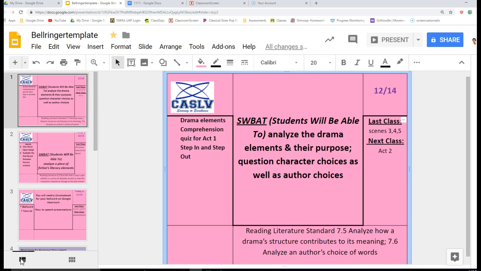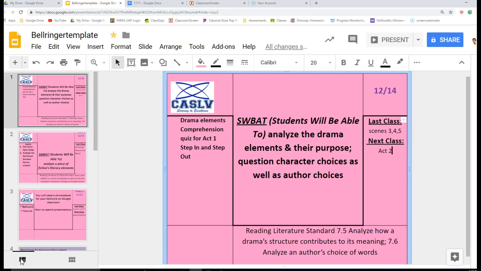In our last class, we summarized scenes 3, 4, and 5 using the Somebody Wanted But So Then summary strategy, and today we are going to be looking at those scenes as well as scenes 1 and 2 and taking a look at some of the drama elements.